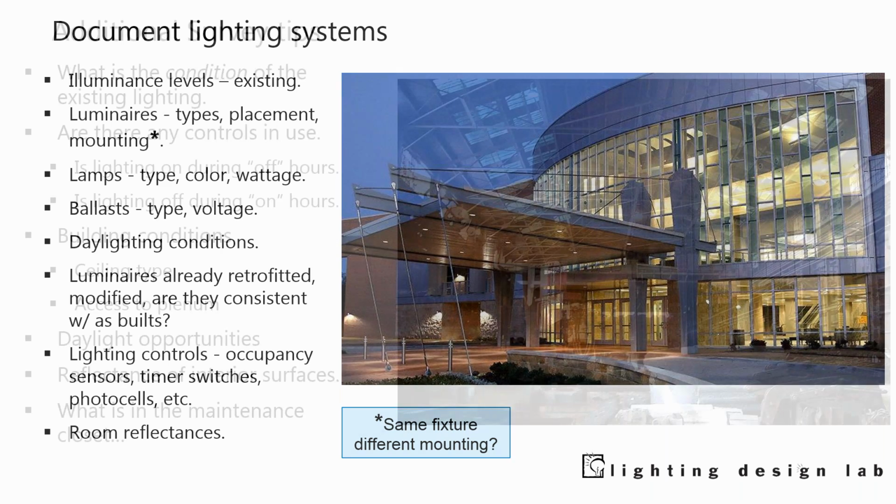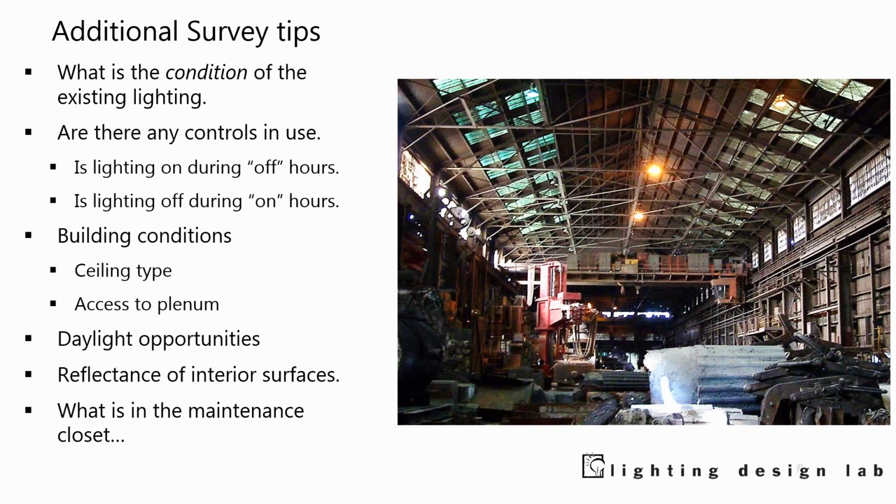Additional tips. So you look at what fixtures are there, but what condition are they in? Are they destroyed? Are they dirty? They may be in good shape, but there's just a lot of dirt on them. So you just need a cleaning, or they may be shot. And so they may have controls, but the controls aren't working.